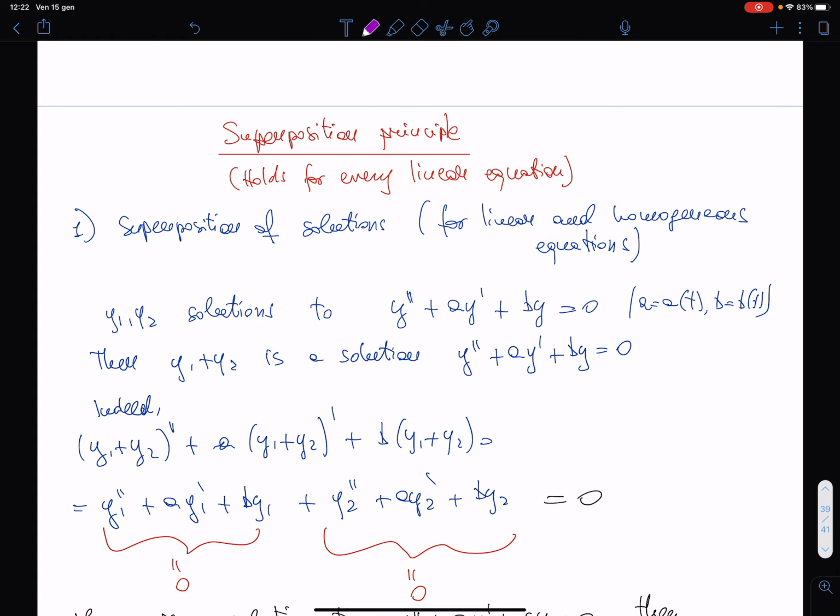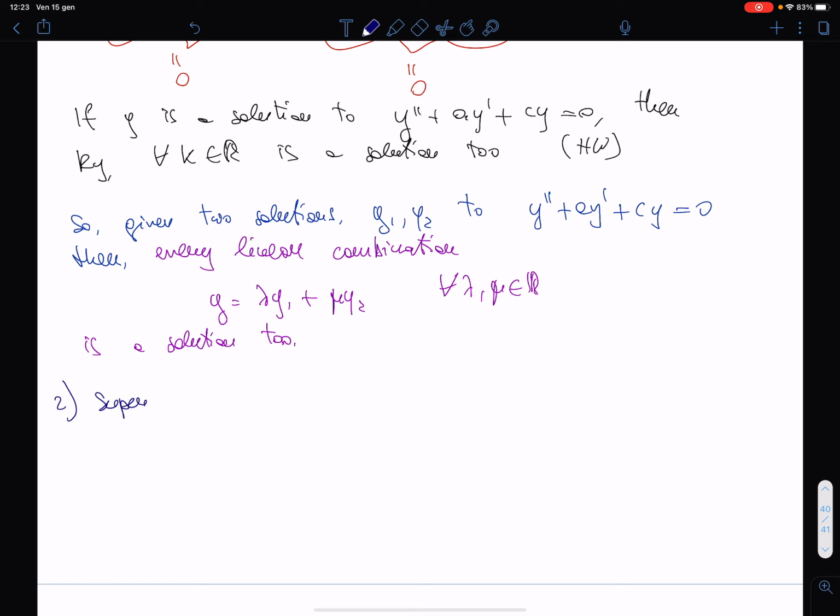And the second is about superposition of effects, and this is very important too. This time we have non-homogeneous equations.